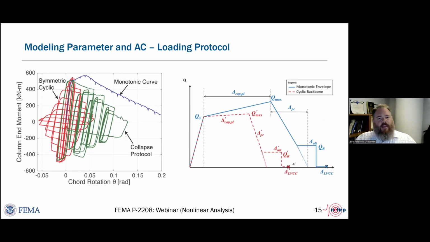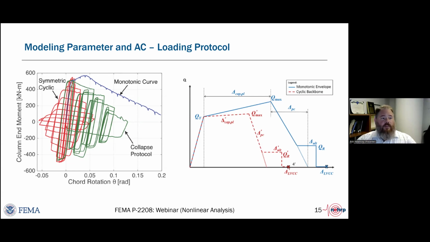So one of the things that came about in the ATC 114 project was the recognition that loading protocol matters for developing modeling parameters and acceptance criteria. And heretofore, there were really only the two: symmetric cyclic, which is the fully reversed cyclic loading protocol. That's been kind of what I feel is the standard loading protocol used to test components for cyclic response that would be simulated by earthquakes, or a monotonic curve where you just simply push on the component to see how it deforms.